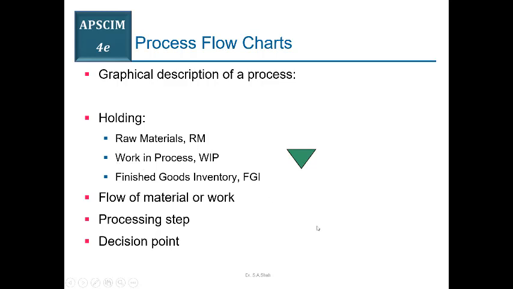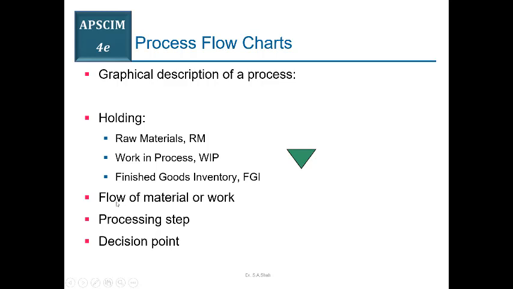So these holdings are basically the storage facilities provided within the system. It can be a buffer zone, it can be the main storage facility, and it can be some waiting area for the work pieces to wait or to reside for the upcoming processes.